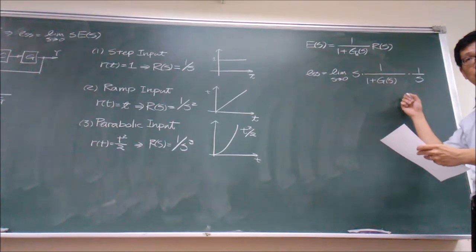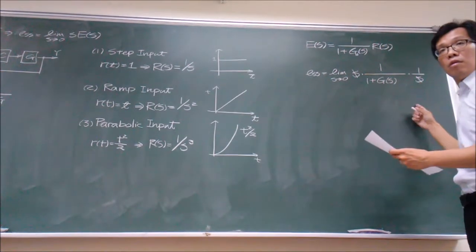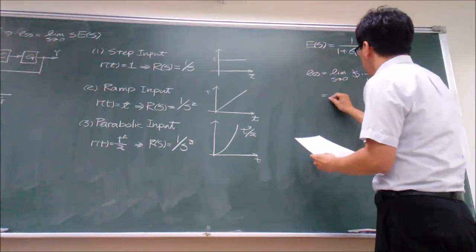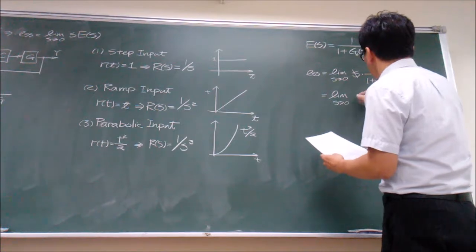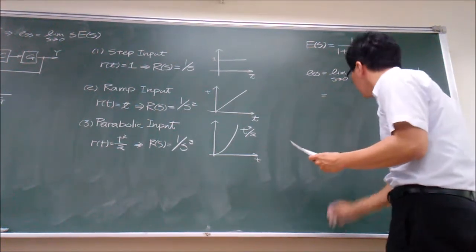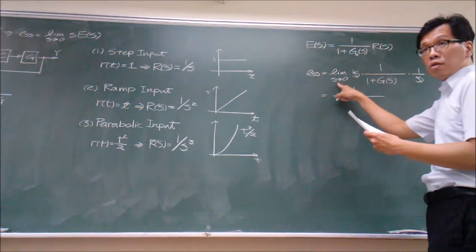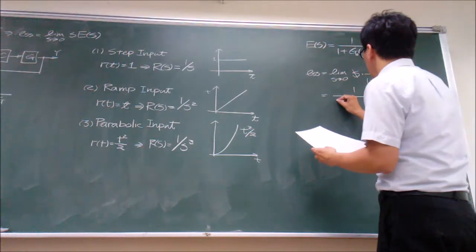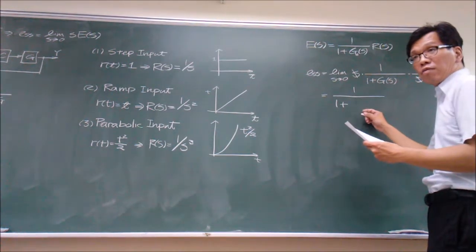Everybody understands what I'm doing right now, right? So what can we do? Which means if you have s close to 0, the 1 won't be affected. The only thing going to be affected is the function of s.